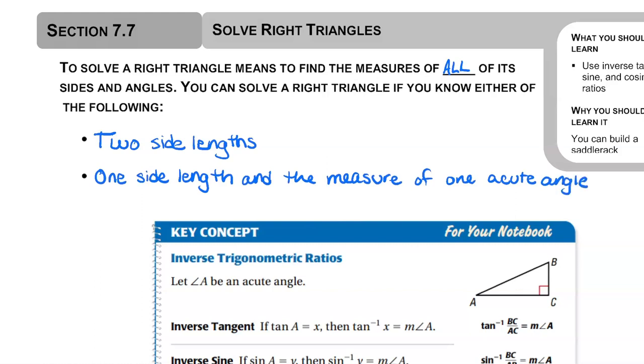We have to specify acute angle because in a right triangle, you always know one of the angles is 90 degrees, right? Then you need to know a second angle on top of that, and it has to be that acute angle.